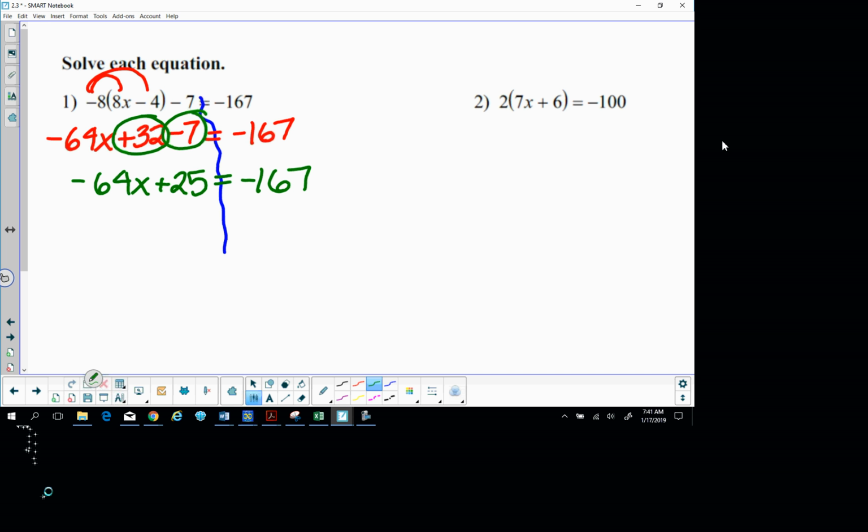Now it's just like a two-step equation, what you've been working on for a little while. Next I need to get 25, the constant nag, the guy who's always trying to get in their business, to the other side. How do I do that? Good. Subtract 25 on both sides. When you do that, you get negative 64x equals, what do you end up getting?